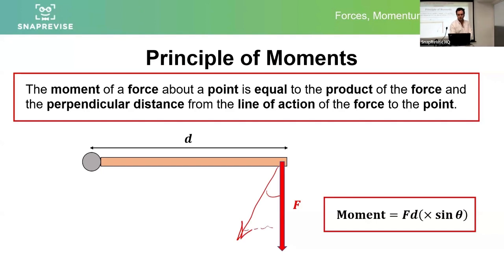Theta is the angle between the force and d. So if there's no difference between them, it'll be sine 0, which is 0, so you won't experience a torque at all. If the angle is 90 degrees, a right angle, you'll end up with the moment just equal to F d, which is nice and simple.